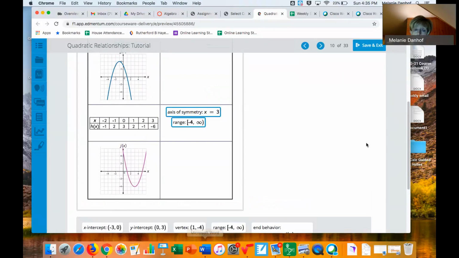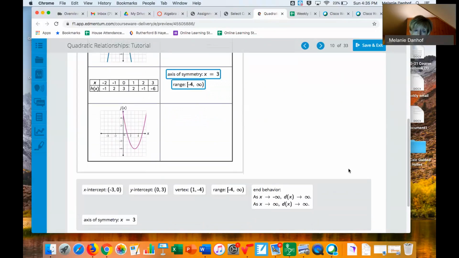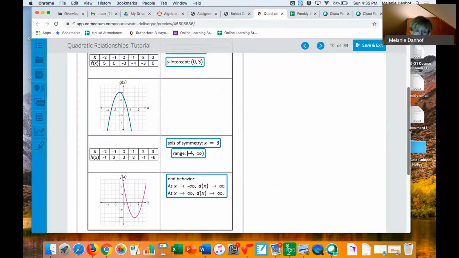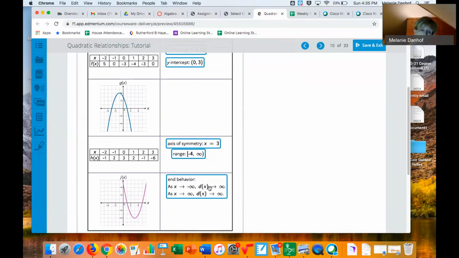And then also the end behavior, as x goes towards -infinity, our graph is going in the upward direction. And as x approaches positive infinity, we're still going in the upward direction. So again, based on what I saw earlier, I think that the program had end behavior for this here, and that is untrue.